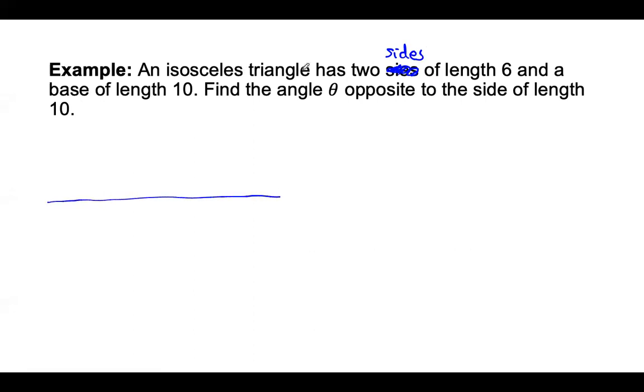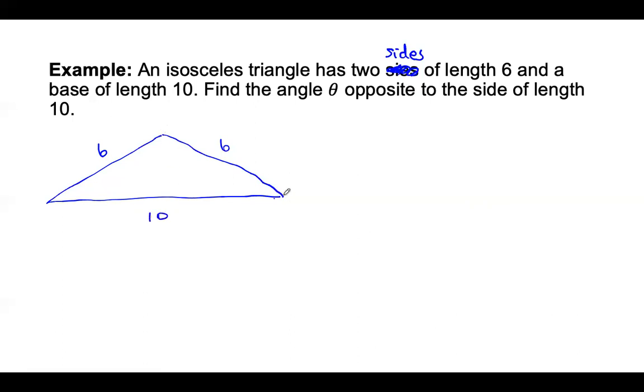So it has two sides of length 6. So 1, 2. You would have to know that in this case, they meet halfway in the middle of the base, the way I'm drawing it, because they both have the same length, which is 6, and the base here is 10.